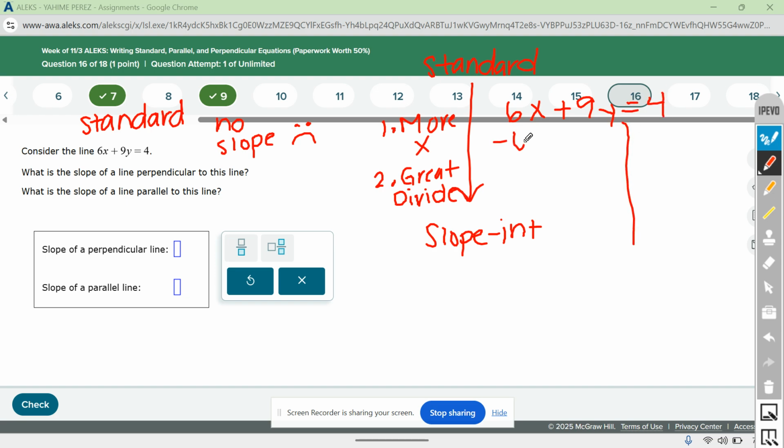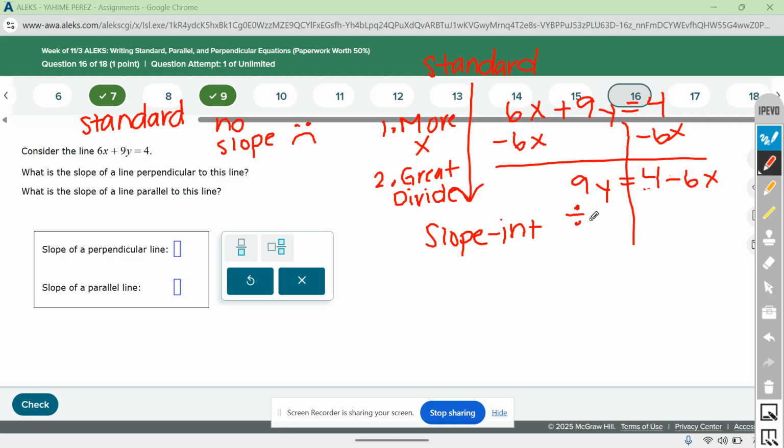I'm going to move the x. I'm going to do the great divide.